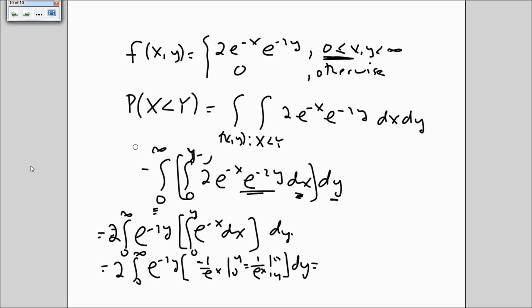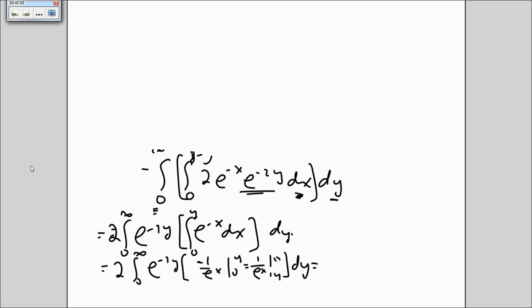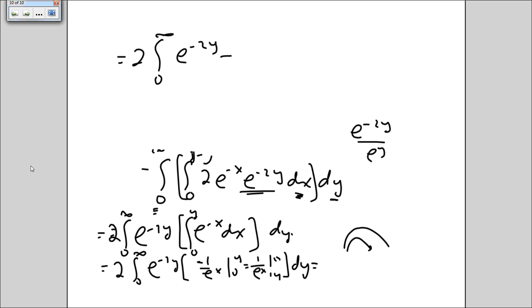Come to the top. Let's do this. Okay, this is just Calc 2 stuff now. So this is equal to 2 times the integral from 0 to infinity. Distributing, I get e to the negative 2y minus, well, if you have e to the negative 2y over e to the y, you subtract the powers.